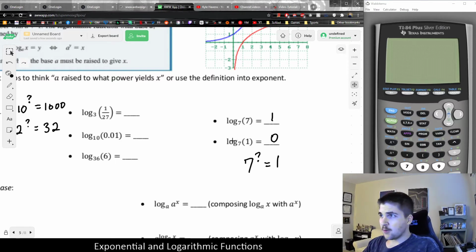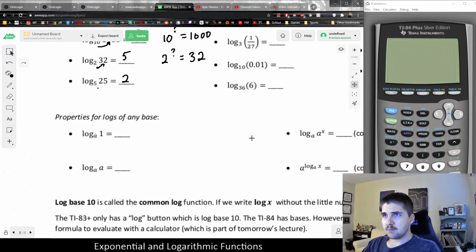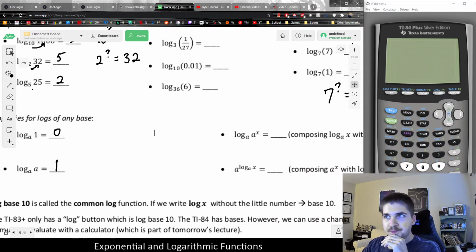Because anything to the 0 power is always 1. And so, below where I say there's properties for logs of any base, log of anything of 1 is always going to be 0. And log base a of a, if those two numbers match, will always make 1. And those are the basic canceling properties of logarithms.